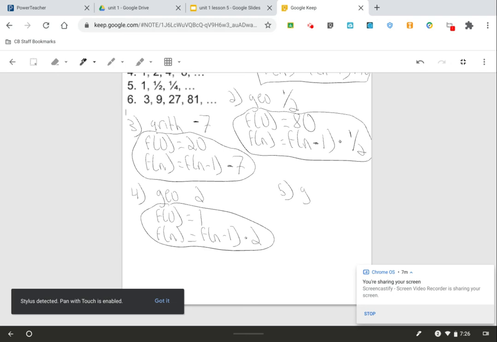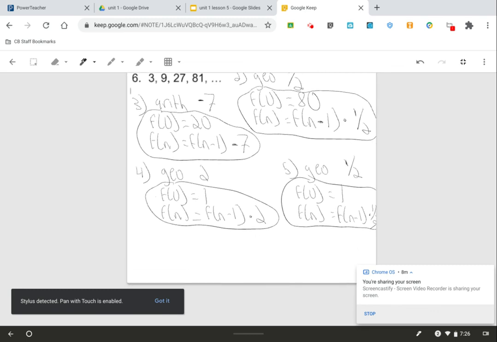So this is indeed a geometric sequence, and because we're dividing by 2, my common ratio is a half. My f of 0 is 1, just like number 4, but the second part is f of n equals f of n minus 1, but instead of times 2, it's times a half.